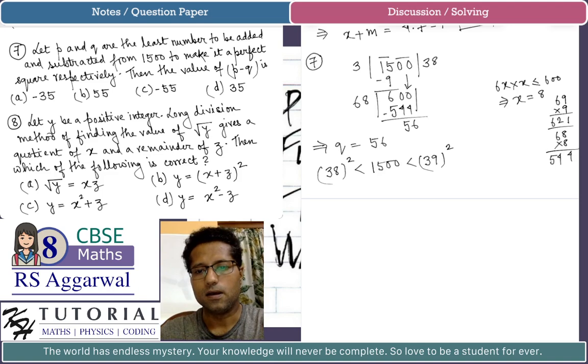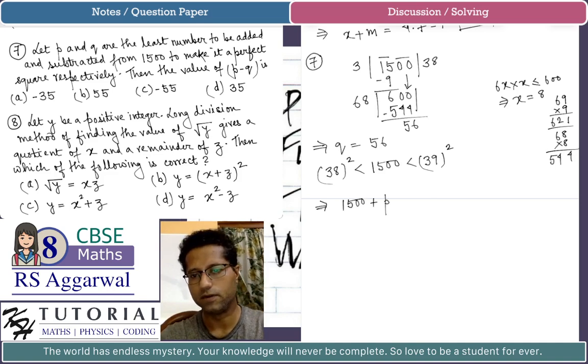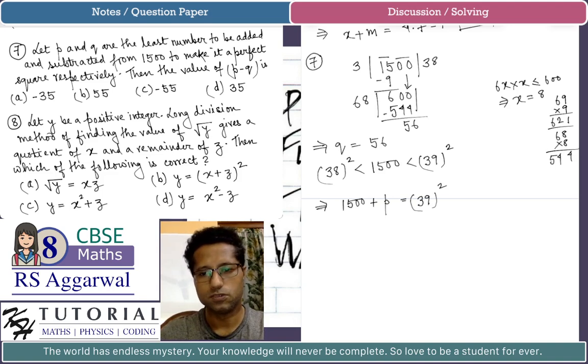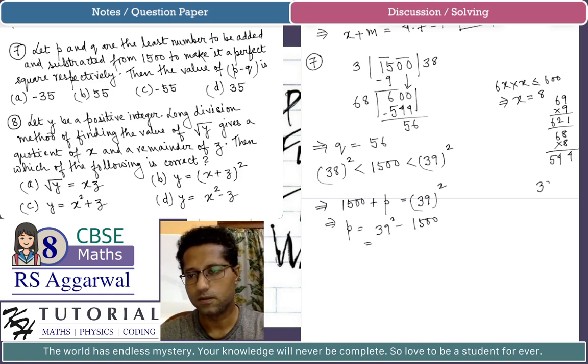So 1500 plus P is equal to 39 squared. This implies P is equal to 39 squared minus 1500.